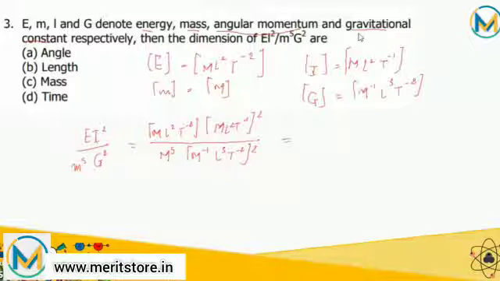When we solve this out, it comes out to be M0 L0 T0. Looking towards the options, the correct answer is angle, because it does not depend on length, mass, or even time. So it depends only on the angle, which is not mentioned in the dimensions. So the correct answer for this question is option A, that is angle.